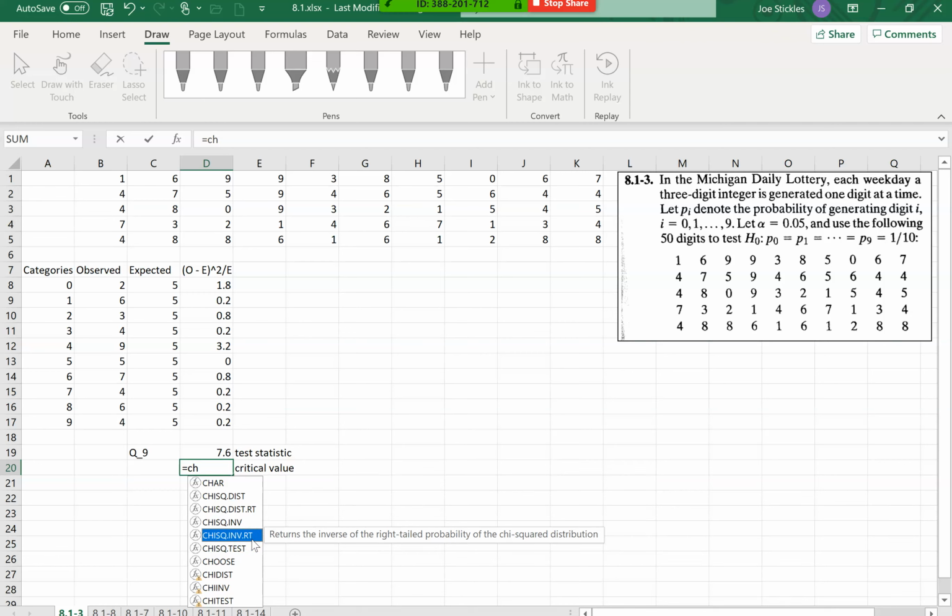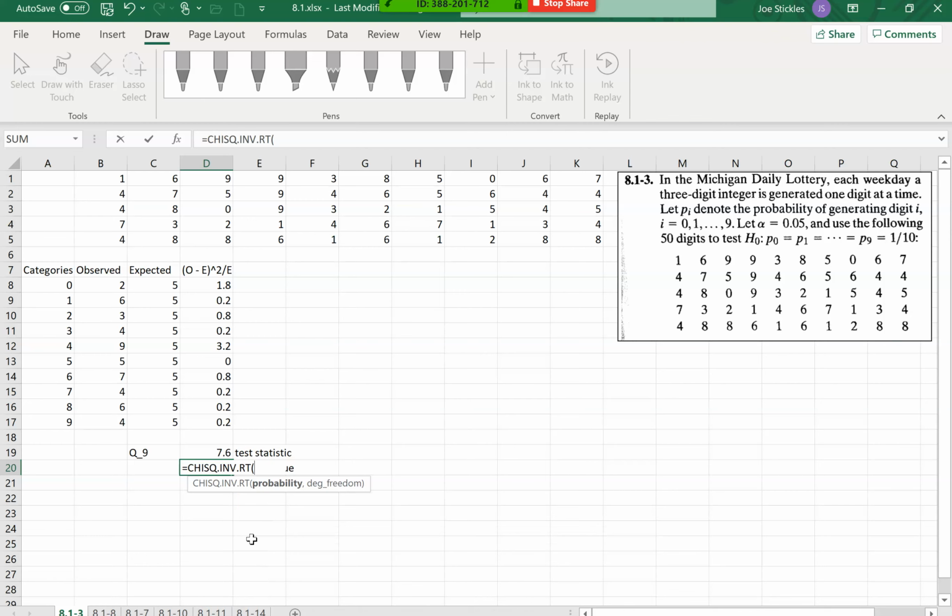It's always going to be a right tail test here because we want to know, does this summand get too big? It's always too big. It's not ever too small. So we're always going to use the right tail to get our critical value. Alpha here is 0.05. The degrees of freedom is 9. So the critical value is 16.92-ish. So in this case, we do not reject.